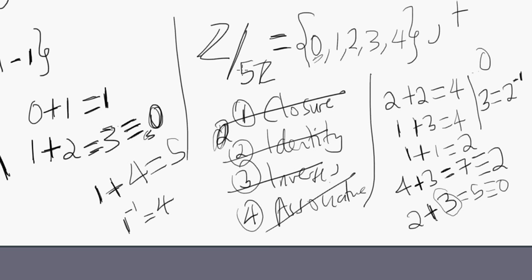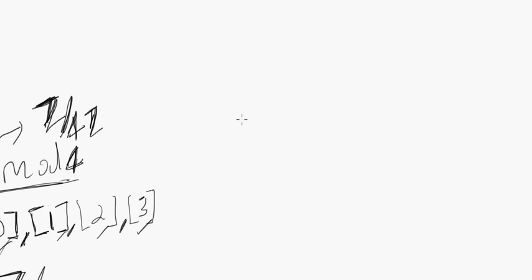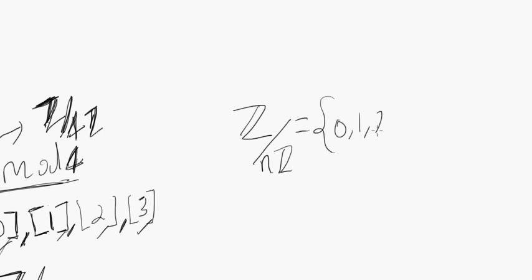So you see, Z mod 5Z is a group, and in general, really, Z mod NZ, for any n, as we saw before, is the set consisting of the elements 0, 1, 2, 3, and so on, up to n minus 1. Those are the possible remainders that you can have. For any number in here, we can prove easily that this is a group.